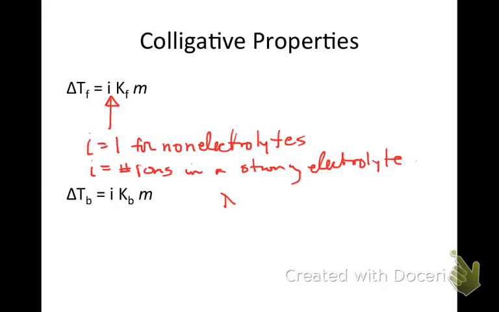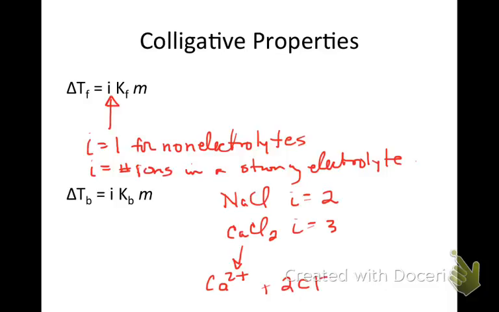So for a totally soluble ionic salt like sodium chloride, i is going to be equal to 2. For something like calcium chloride, i would then be equal to 3. Because remember, when I put this in water, I'm going to get the calcium ion, and I'm going to get 2 chloride ions.